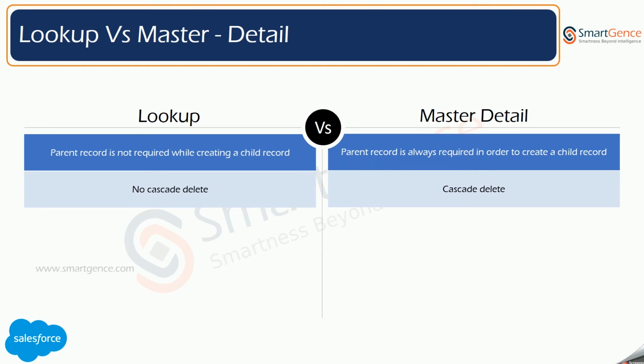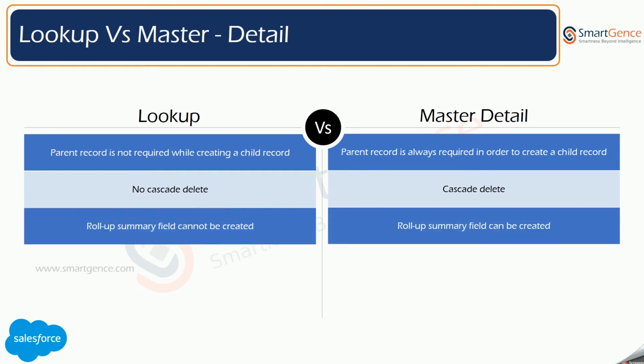Then lookup doesn't allow cascade delete, whereas in master detail it is cascade delete. By cascade delete, I hope you would know, but I'll just tell you what it is. If we delete a parent record, there won't be any effect to the child record in the lookup relationship, whereas the child record would also get deleted in the master detail relationship.